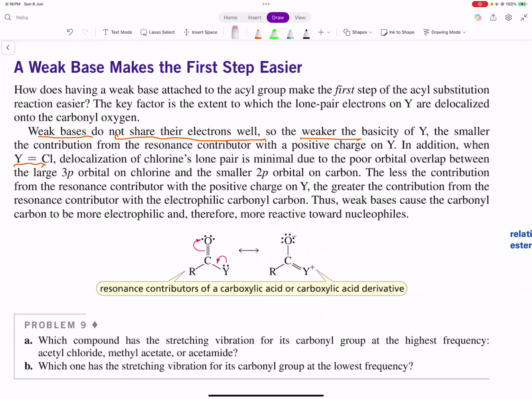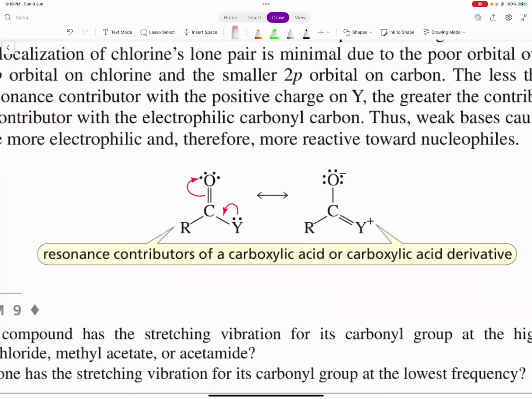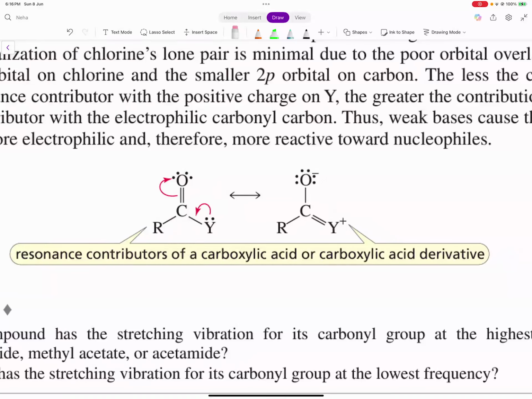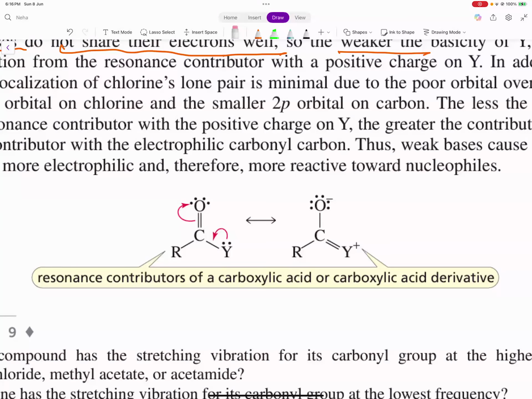For strong bases, like nitrogen, which will donate very nicely, the right hand structure will be more important for amides. So the C double bond O is already disrupted. The nucleophile will still come because the left hand structure is the main structure in any case, because it is neutral, but the considerable character for the second has increased here.